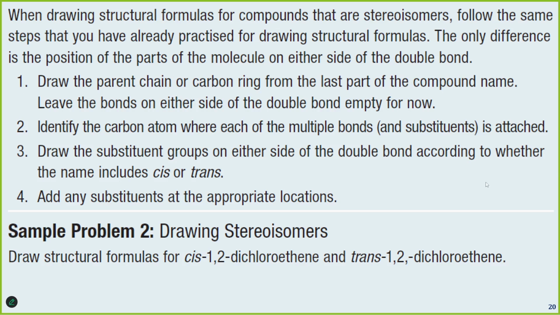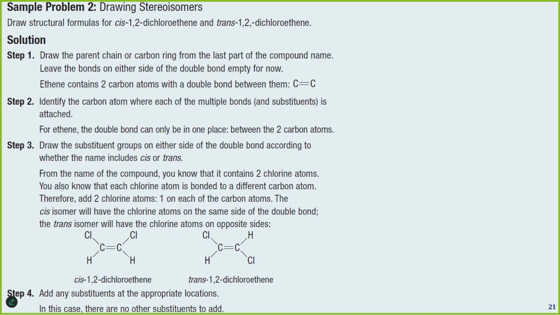Okay, let's have a look at the solution together now. First step, we know ethene contains 2 carbon atoms with a double bond between them, right? And for ethene, the double bond can only be in one place, between the 2 carbon atoms. From the name of the compound, you know that it contains 2 chloro atoms.